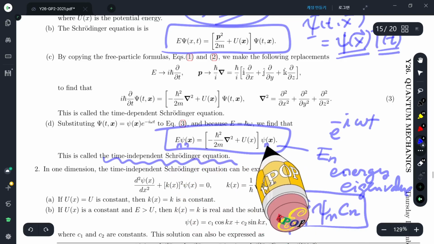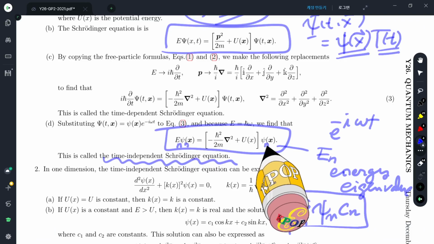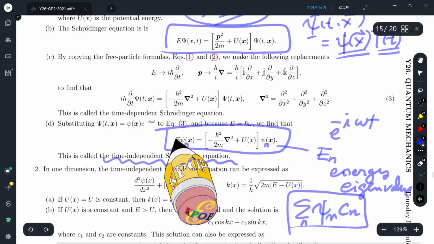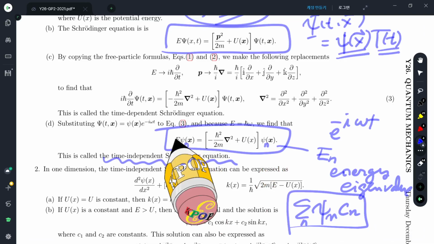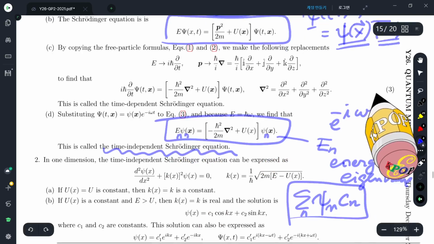You will find there are various possibilities of getting solutions, so in general there are multiple energy eigenvalues.